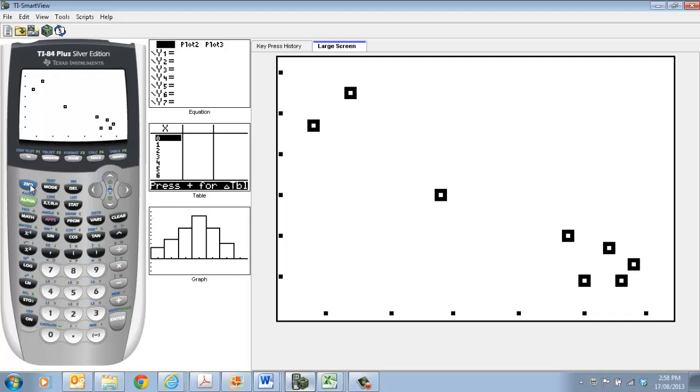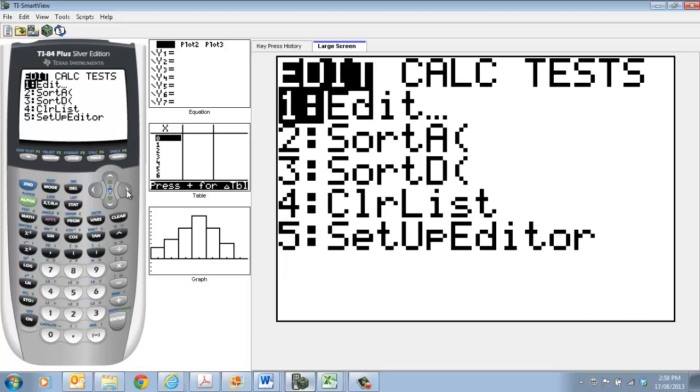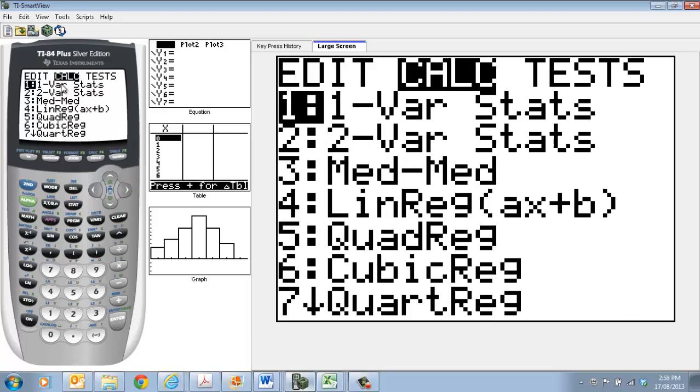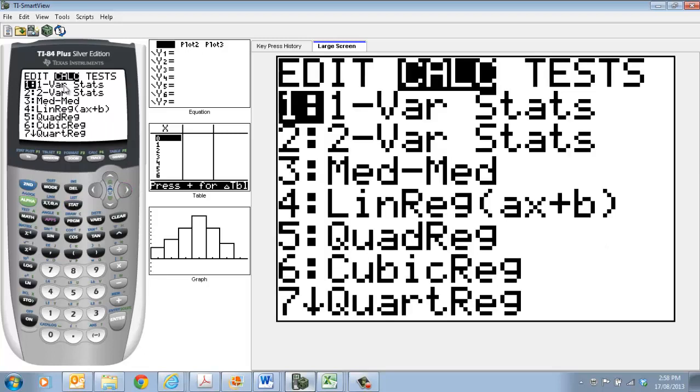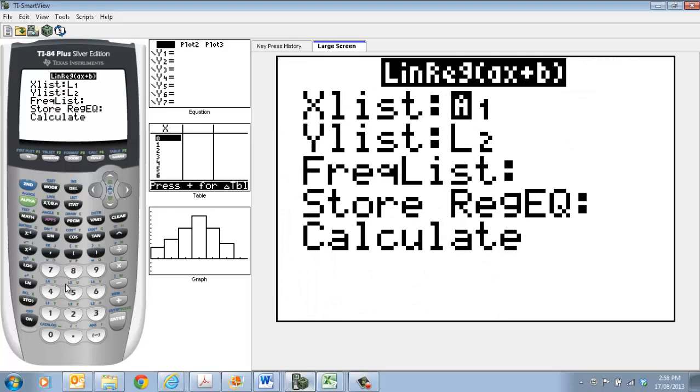Now, while I'm here with the calculator, let's go through some things that you'll need to know how to do, and I'll give you an instruction sheet so you can follow this step by step. Once I've got my correlation there, I know I'm looking for a linear relationship. So press the stat button, go across to calculate, and go down to number 4 because that's a linear line.